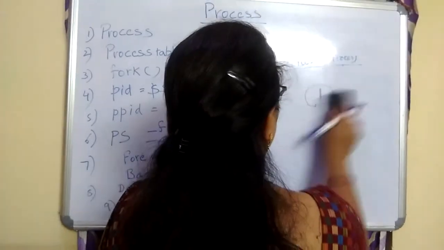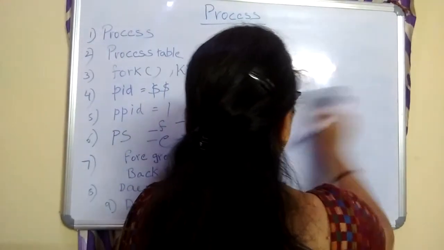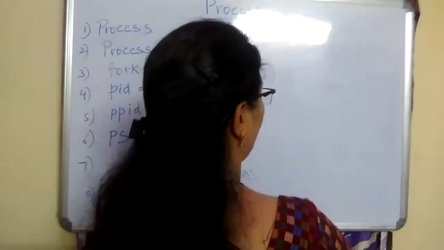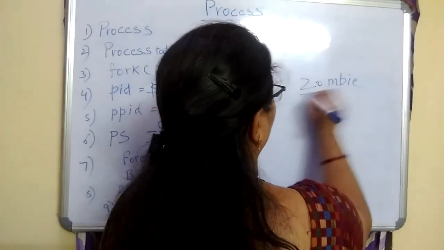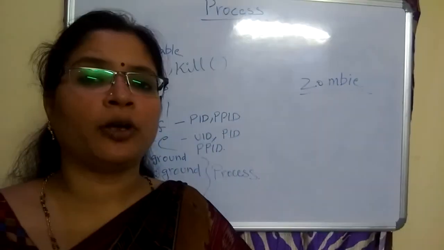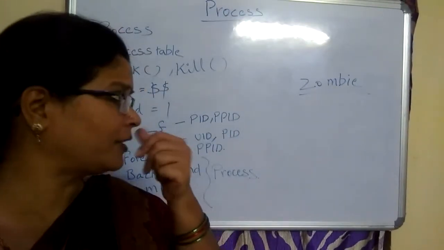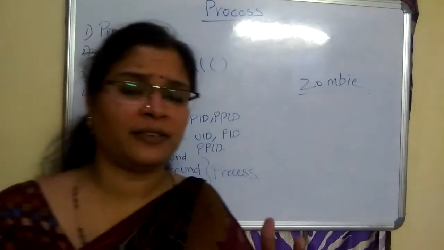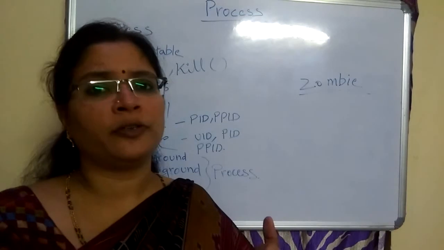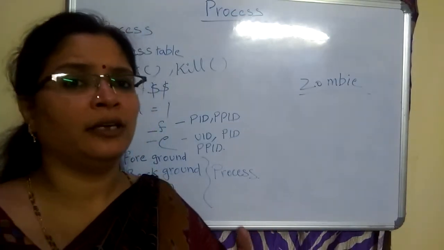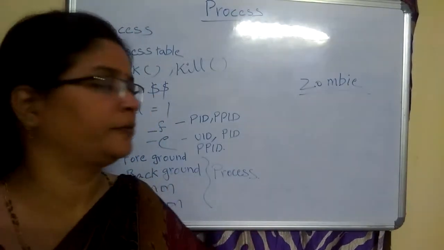And next we are going to see the zombie process. What is the zombie process? A zombie process is one kind of process which is already dead, but its information is not removed from the process table. That is called a zombie process.